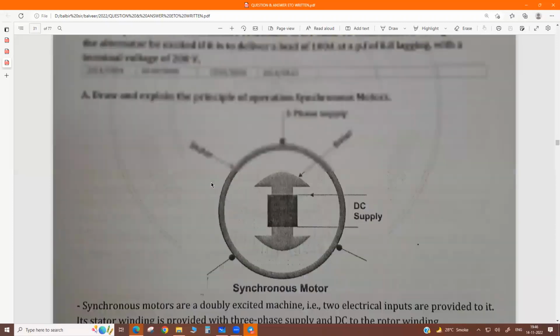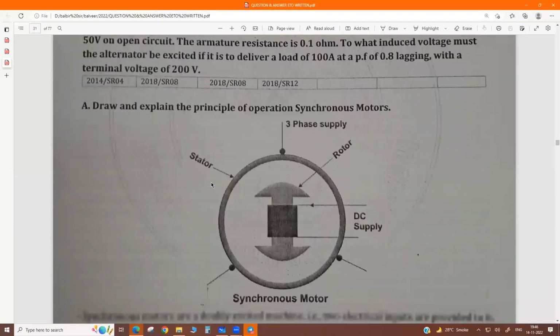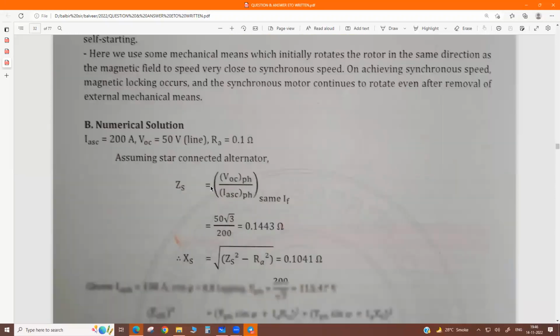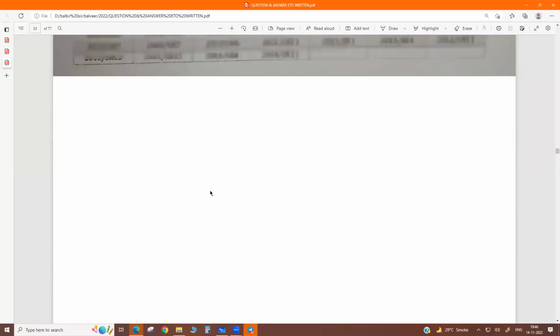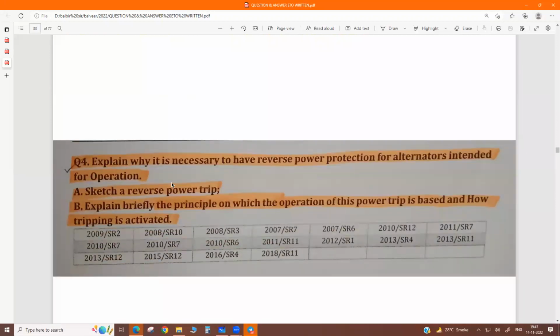This is the synchronous motor working principle. This is your reverse power trip. There was one question, this same question was asked in ETO also. Why is it necessary to have reverse power protection? Sketch the reverse power protection. Explain the operation.